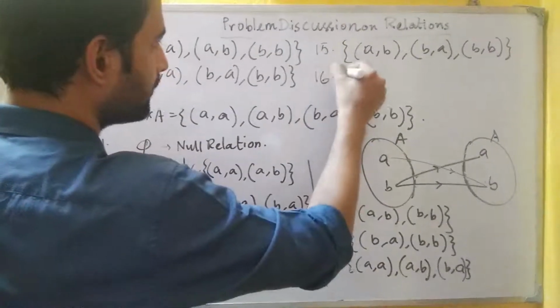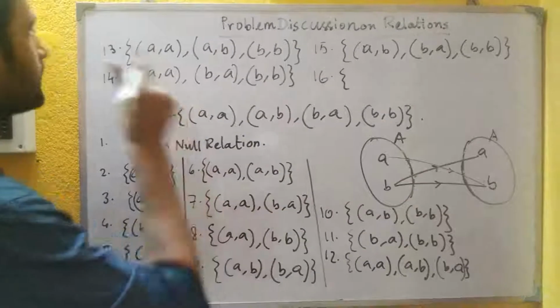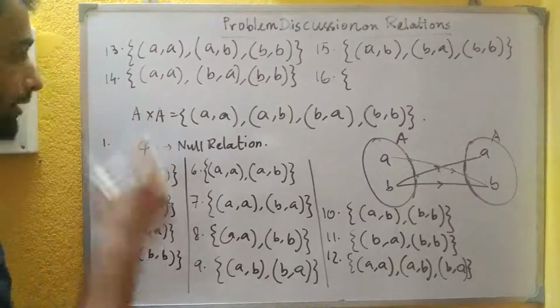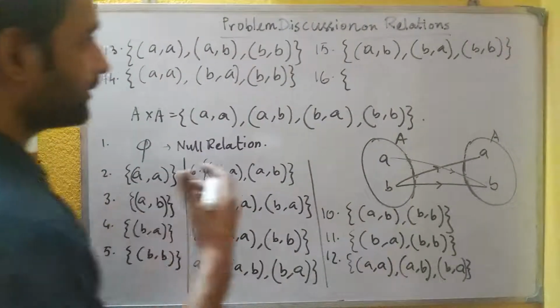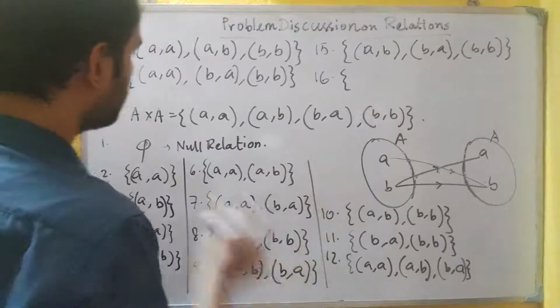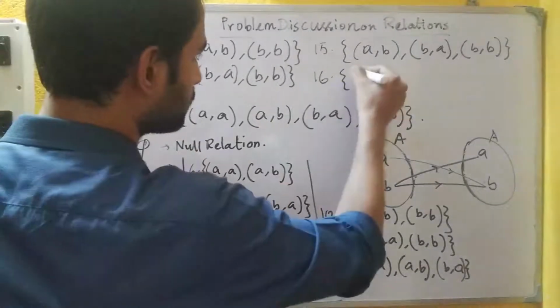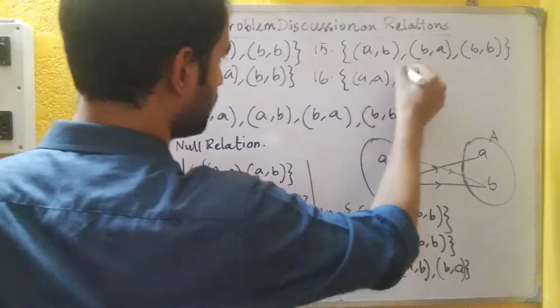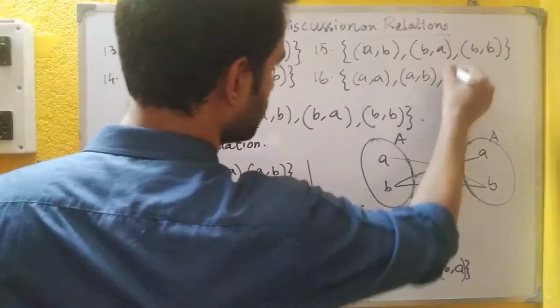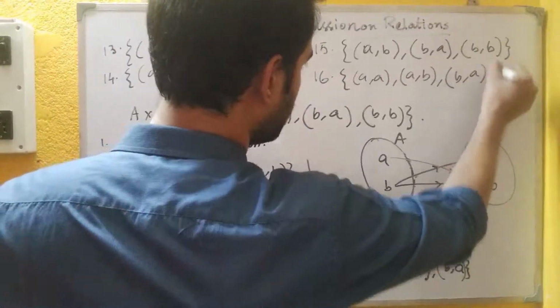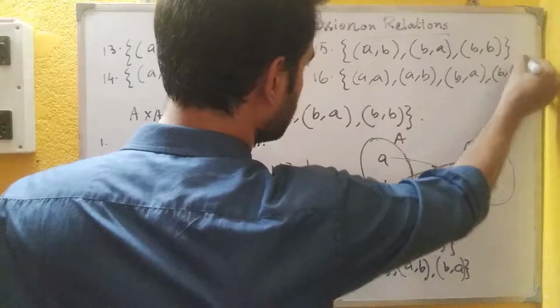And number 16. See here, all the subsets with three elements are done. Finally, we have to take the subset of four elements. That means the set itself. So A comma A, A comma B, B comma A, and B comma B.